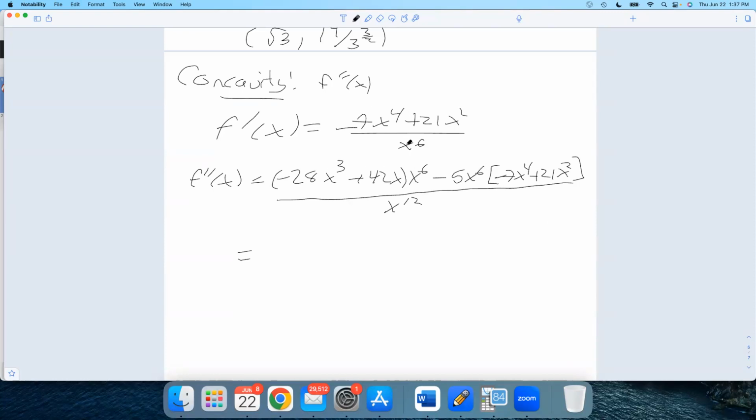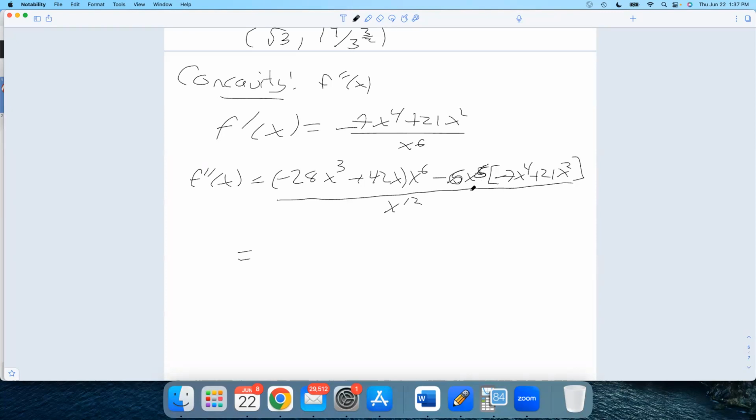Derivative of the top, leave the bottom alone. Minus derivative of the bottom, this should be 6x to the 5th. Derivative of the bottom is 6x to the 5th times leave the top alone.